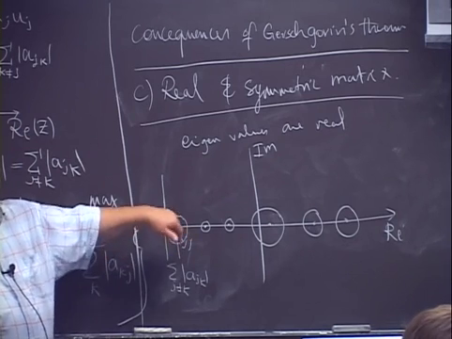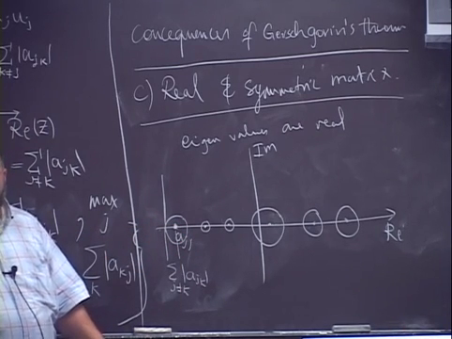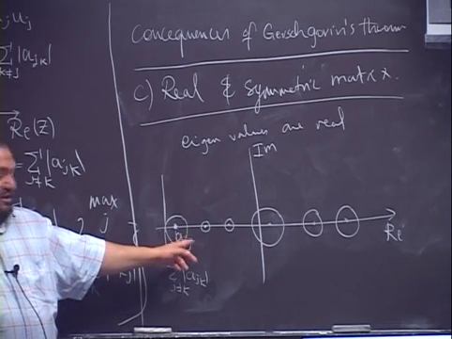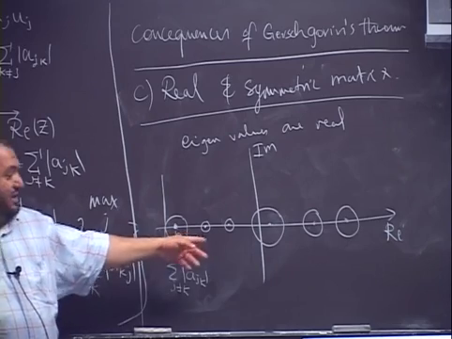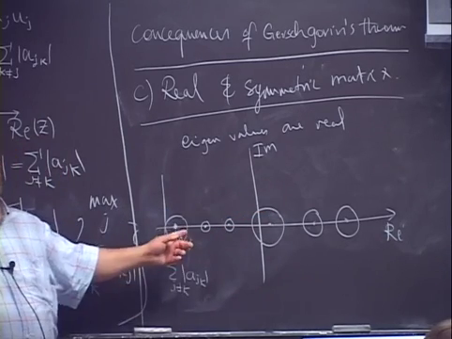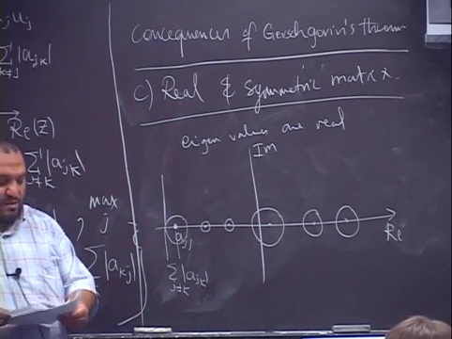Yes, this is the lower bound for lambda i's, because they are real. If you have lambda i negative, so let's say negative 20, and you have up to positive 100, this is the minimum lambda i in your solution. Okay, guys?